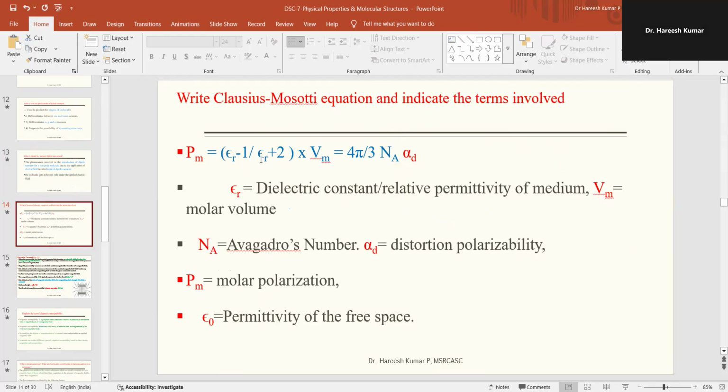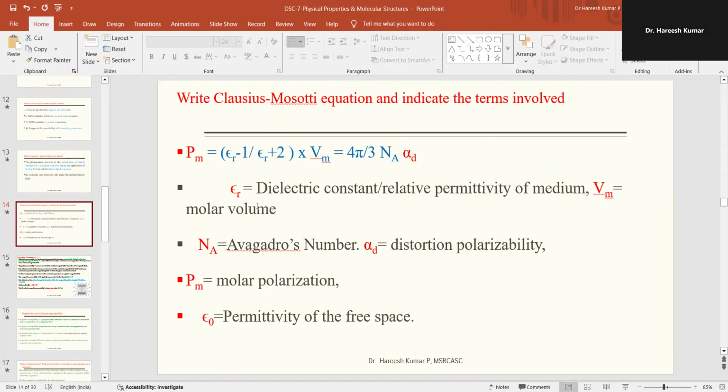Then, write the Clausius-Mossotti equation and indicate the terms involved in it. Pm is equal to (epsilon r minus 1) upon (epsilon r plus 2) into Vm, that is equal to 4 pi upon 3 Na alpha d.